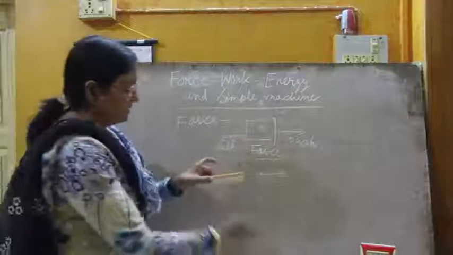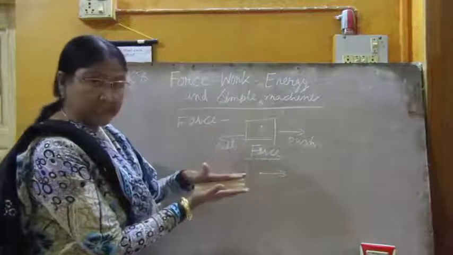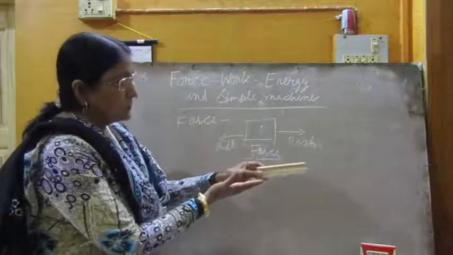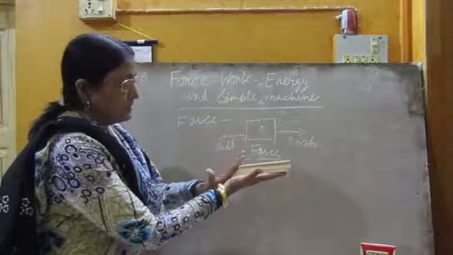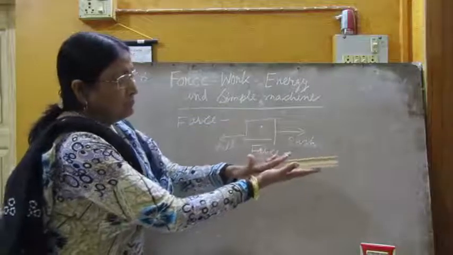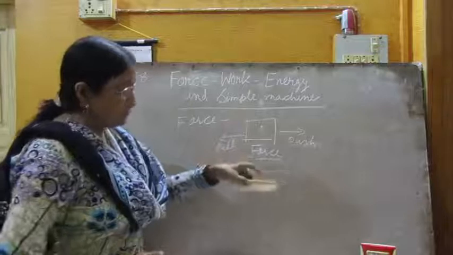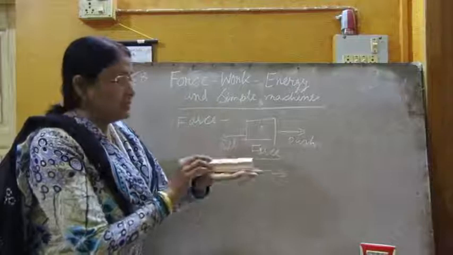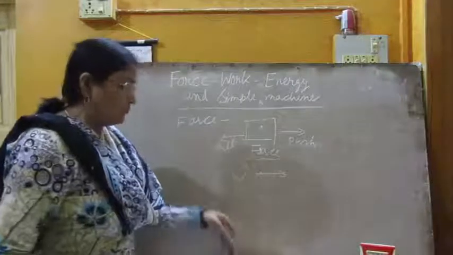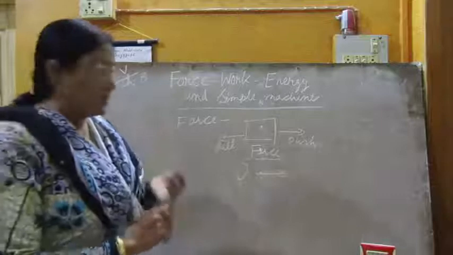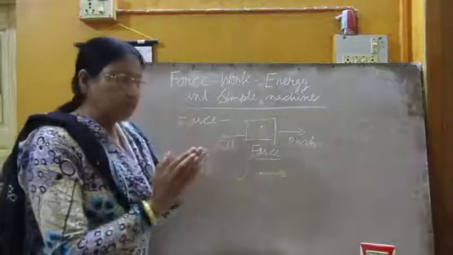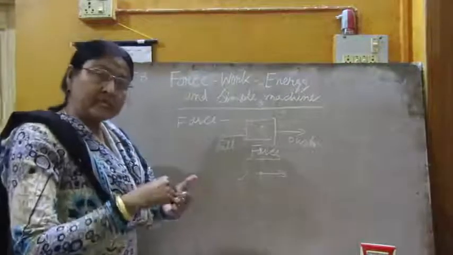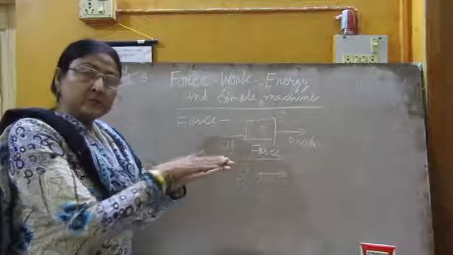If this object is stationary, means at rest, and I pull or push it by my hands, it will move. So an object which is at rest, by applying force I can make it move. Force can make a moving object come to rest, and force can make a resting object move.